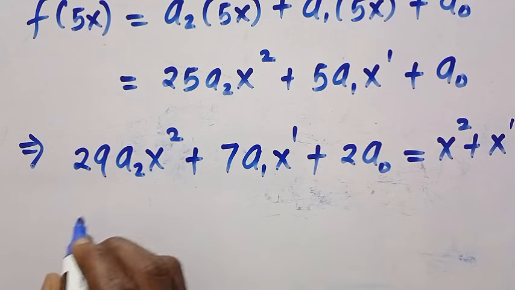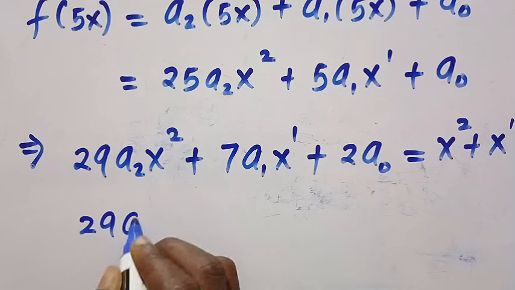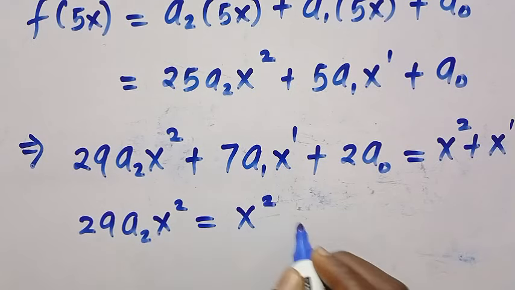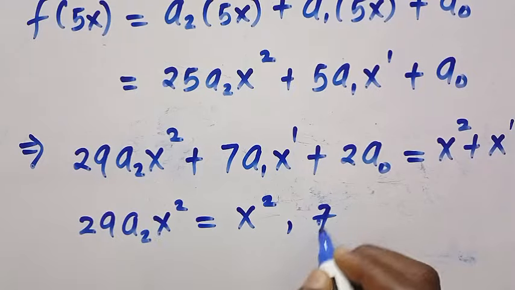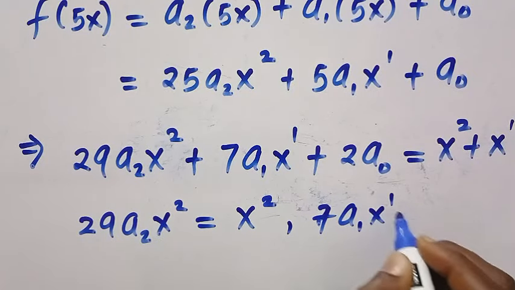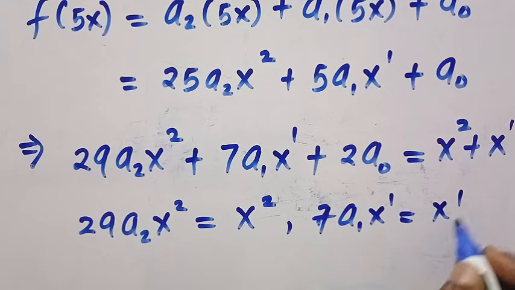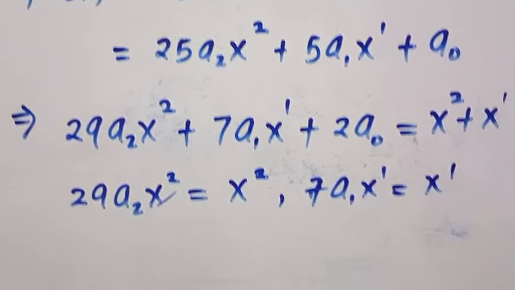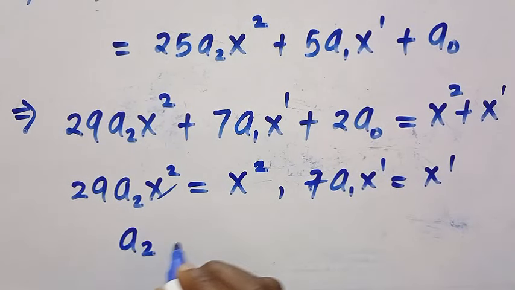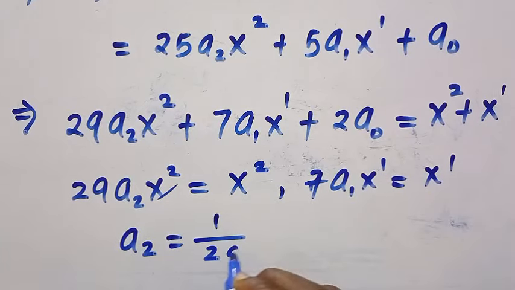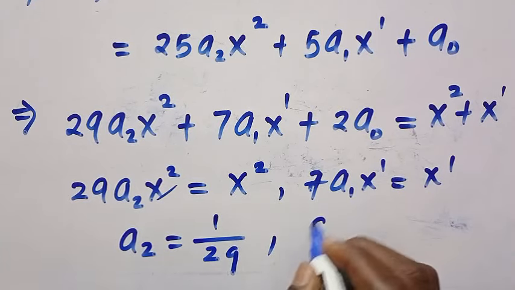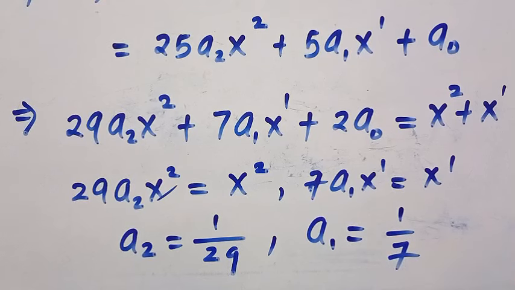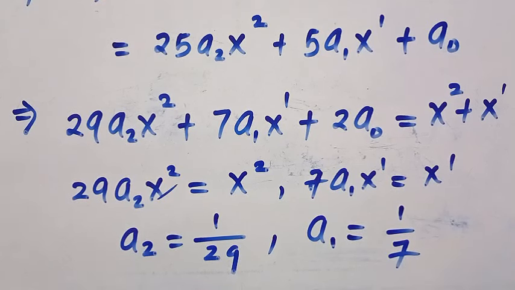So we only let 29a2x squared equal x squared, and also 7a1x raised to power 1 equal x raised to power 1. Comparing the coefficients, we have a2 equals 1 divided by 29, and a1 equals 1 divided by 7. So this is for a2 and a1.